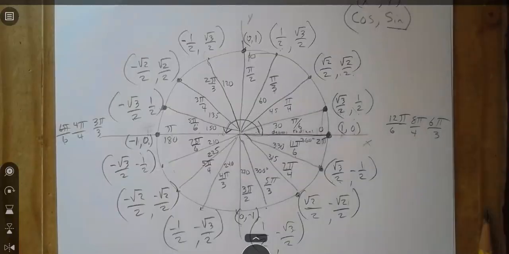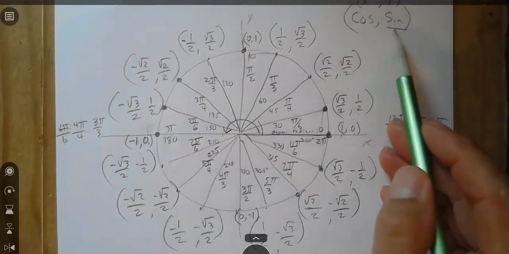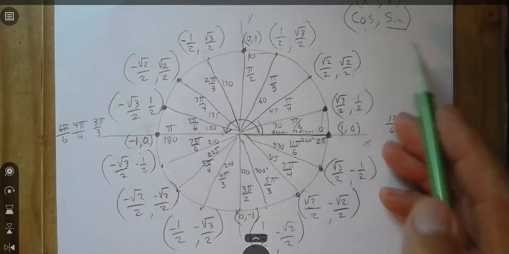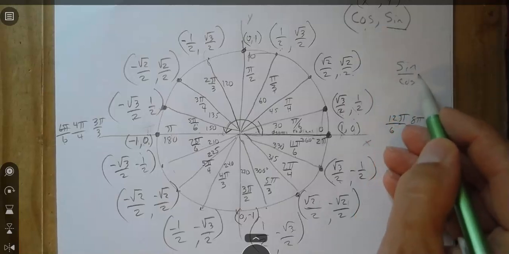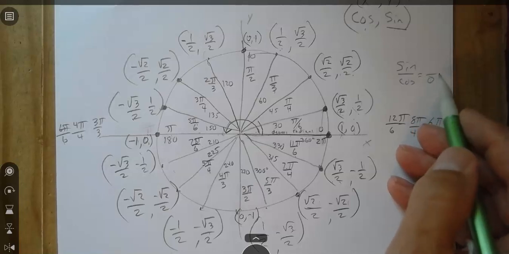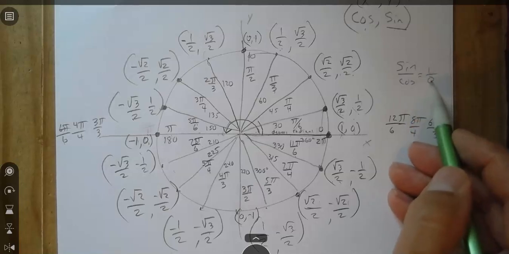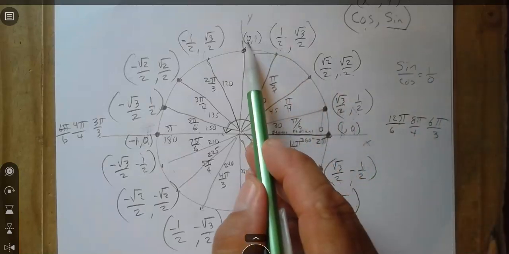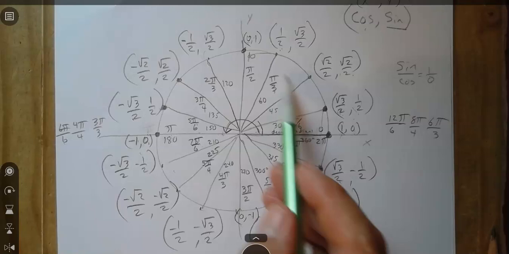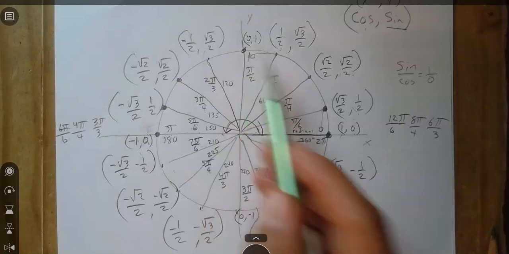Why is that? Well, if I'm doing sine over cosine, whenever my cosine is 0, then I have an undefined function, so it does not exist. So everywhere my cosine or my x is 0. I come up here to pi over 2, well, it's undefined.